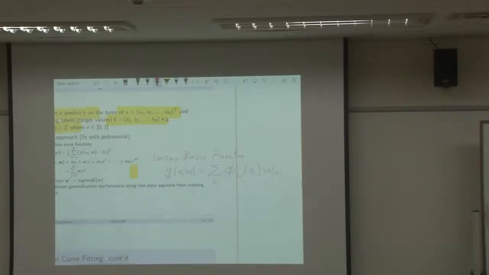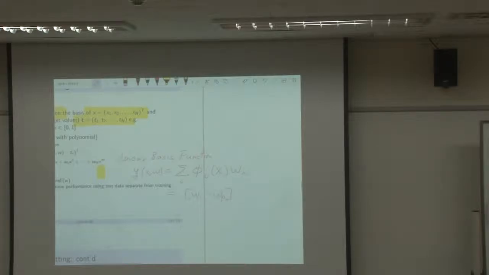That's my linear basis function, right? Or I could just write it this way. Okay? This was our linear basis function, remember?